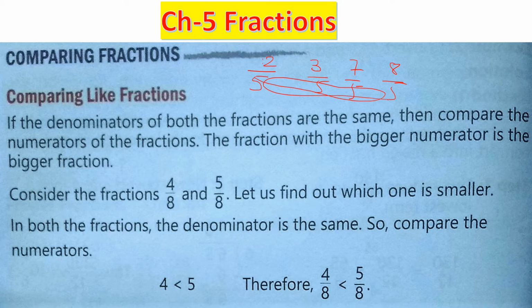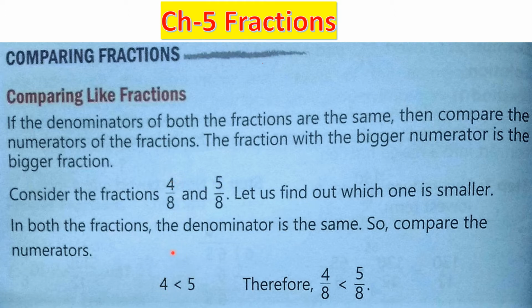So how to compare when the like fractions are there? Here you can see 4 by 8 and 5 by 8. These denominators are both the same. Now we will see the numerators. Which one is bigger, 4 or 5?